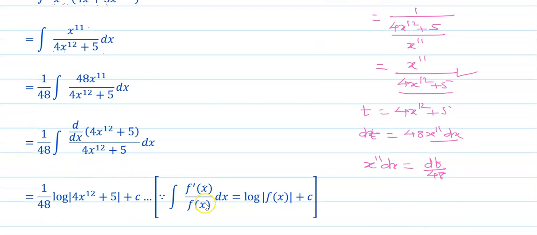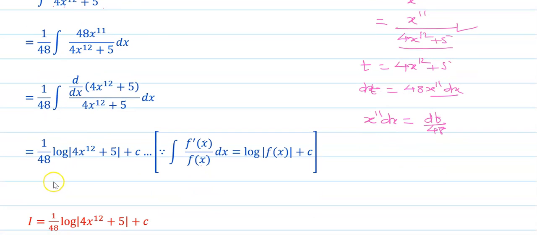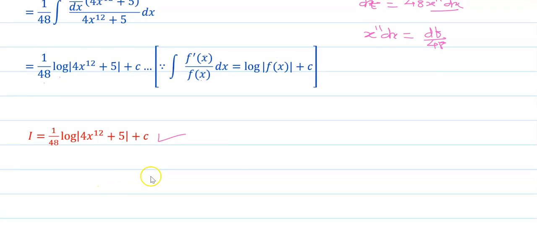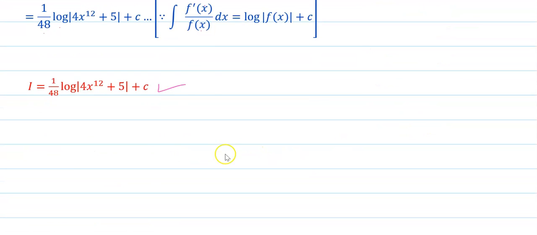What is that? f dash of x upon f of x into dx is equal to its integral, log of mod of f of x plus c. Okay. Now this is the d/dx of 4x raised to 12 plus 5, and hence this is the derivative of the numerator. Okay, and hence its answer is 1 upon 48 log of mod of 4x raised to 12 plus 5 plus c. Okay, and here the answer is the same in both places.